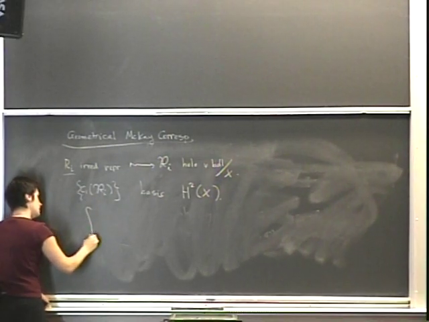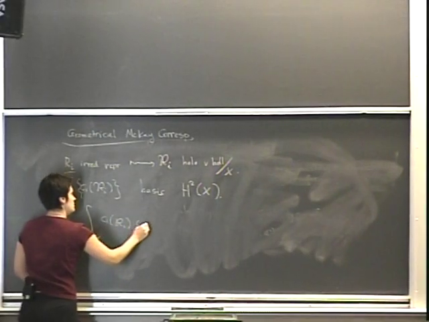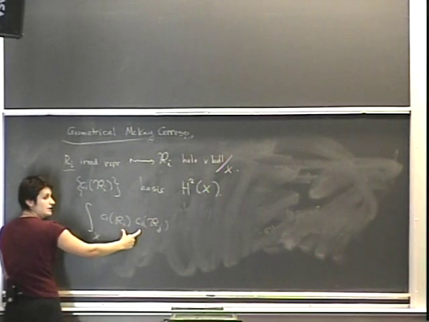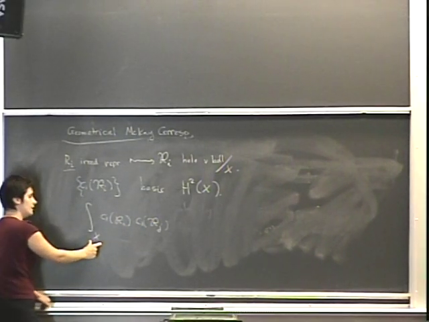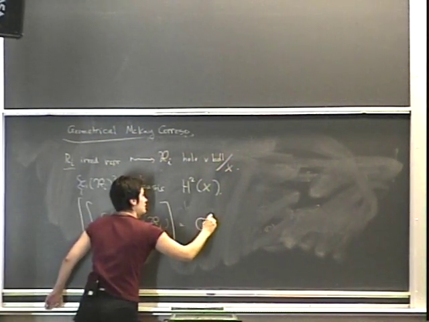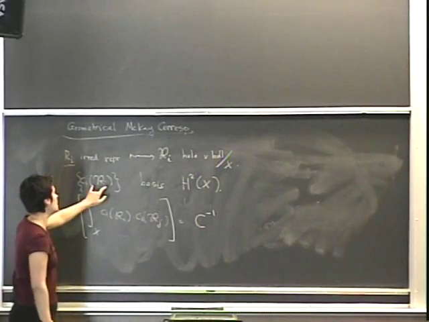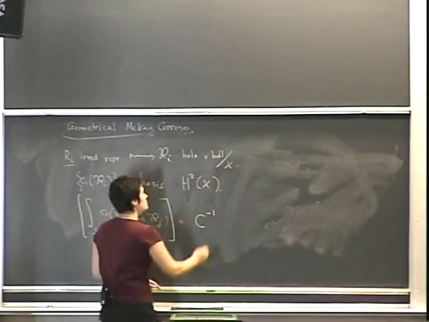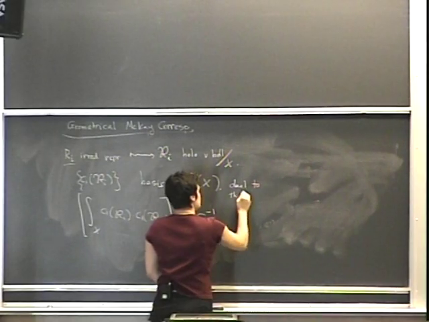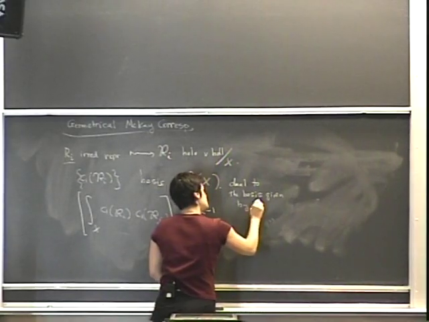And then if you take products in cohomology, multiplying together two Chern classes, getting a four-form, and integrating it over X, this matrix is nothing else than the inverse of the Cartan matrix. So this basis is a basis in H2 dual to the basis given by the C_i.